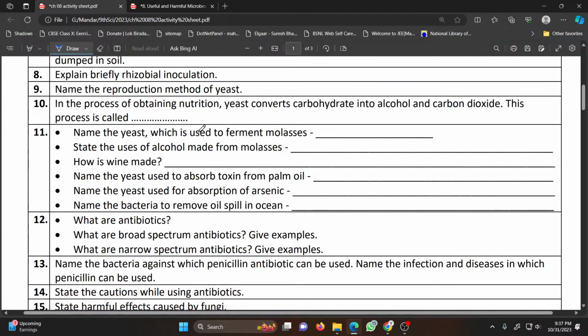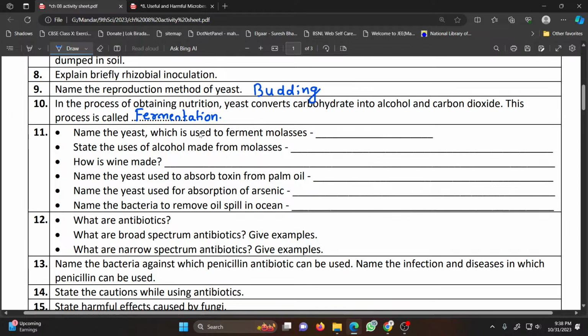Name the reproduction method of yeast. Reproduction method of yeast is called budding. In the process of obtaining nutrition, yeast converts carbohydrate into alcohol and carbon dioxide, and this process is called fermentation. Name the yeast which is used to ferment molasses.